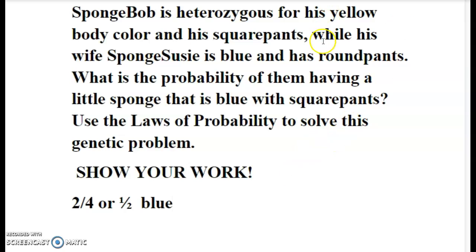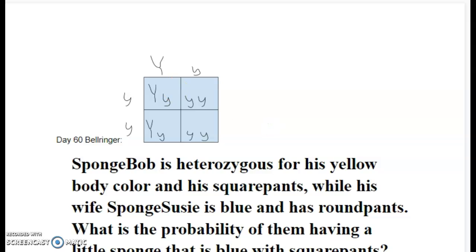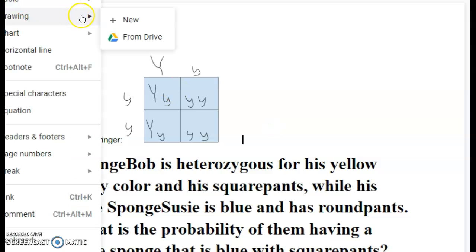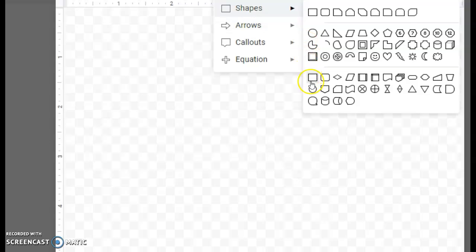So next we're going to do pants shape. SpongeBob was heterozygous for his square pants shape, and Susie is round pants. Another square. I'm going to insert drawing, new, square.